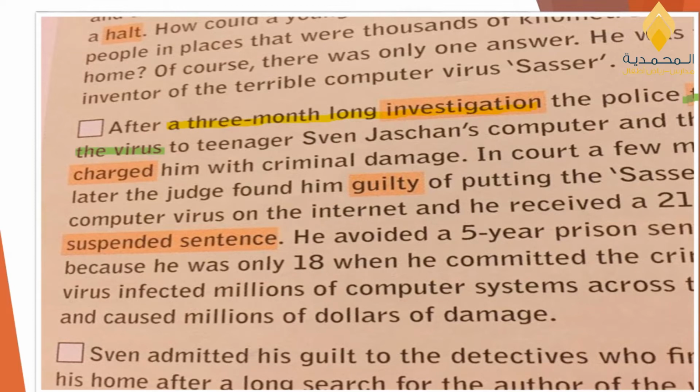After the long investigation that they did, they found the teenager Sven. So what are they going to do with him? They are going to charge him with criminal damage. So what does the word charged mean?